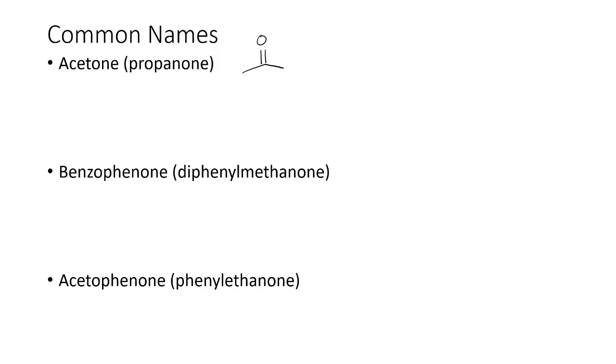We can then have benzophenone, which is really diphenylmethanone. So we have our carbonyl functionality in between two benzene rings. Acetophenone is where we have our phenylethanone, so we have our benzene ring associated with a 2-carbon ketone.